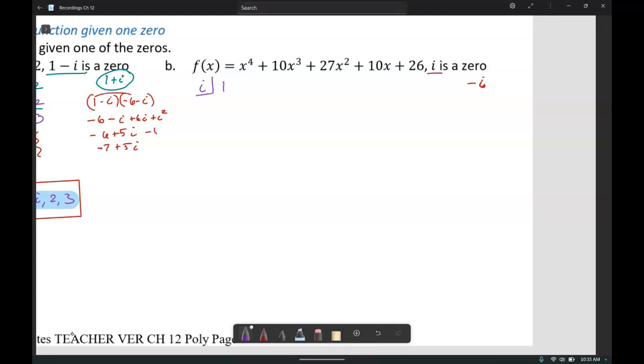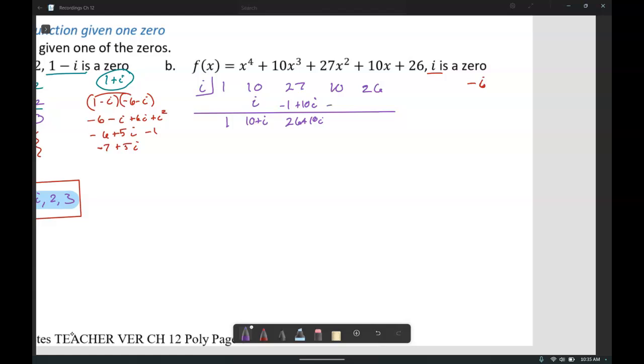We set up our value of I for our 0 in our synthetic division. Bring down, and we multiply. We add. We multiply. We add.